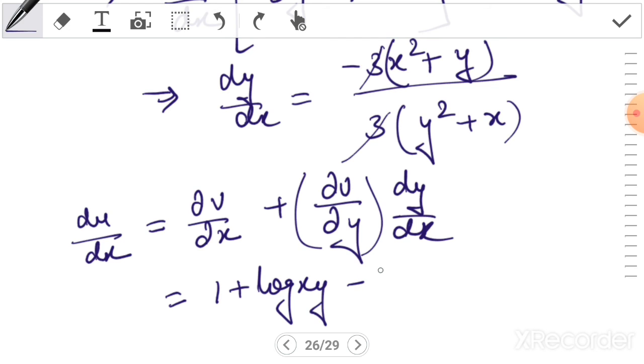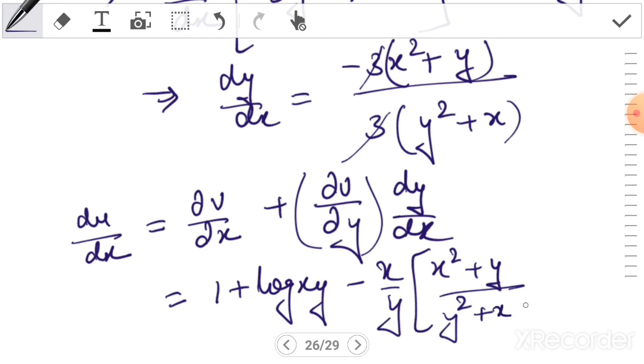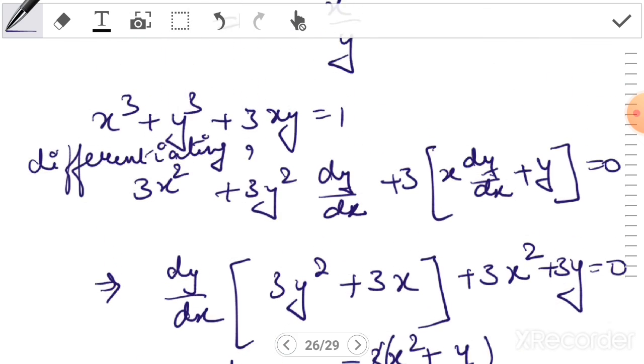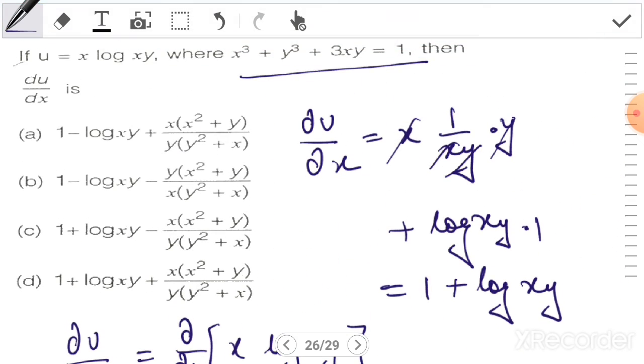So this is minus x by y times x square plus y by y square plus x. So this is the required answer. Okay, du by dx is equal to 1 plus log xy minus x by y. Okay, so C is the right answer.